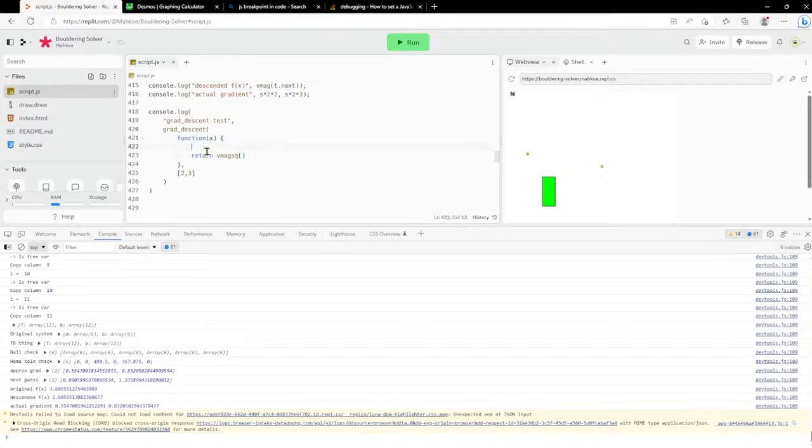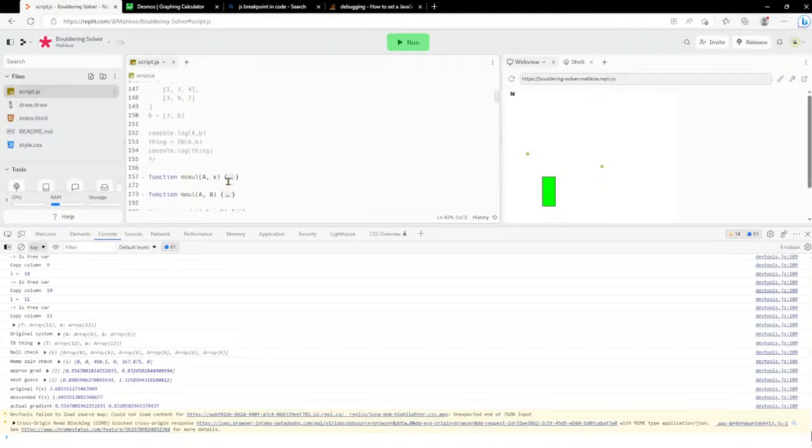Okay, so we will do just some random function. Doesn't really matter which.